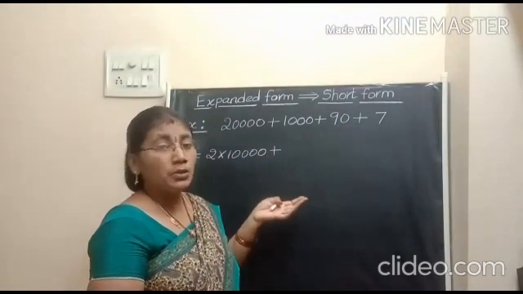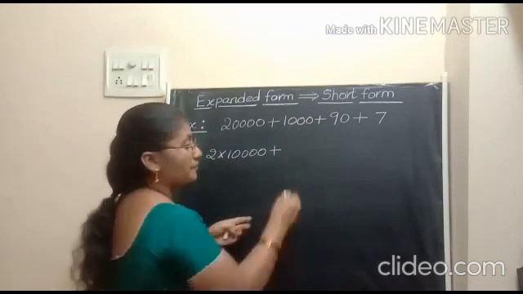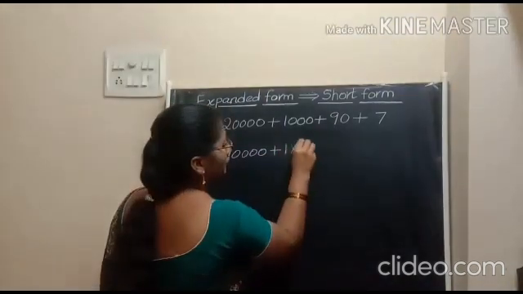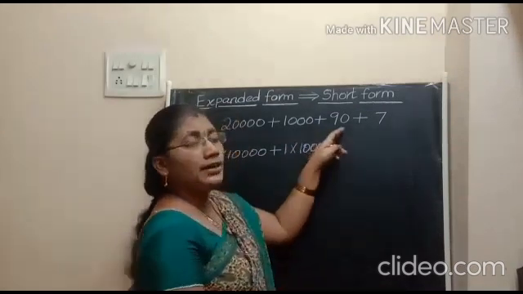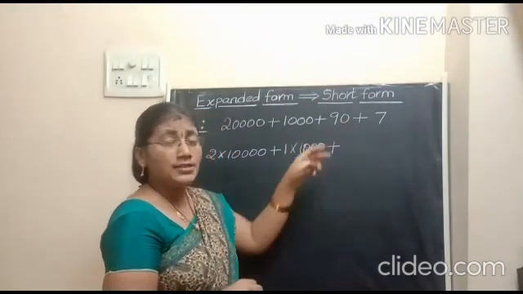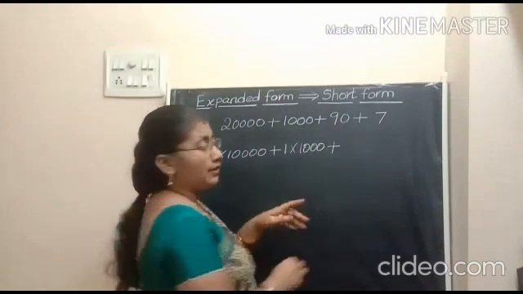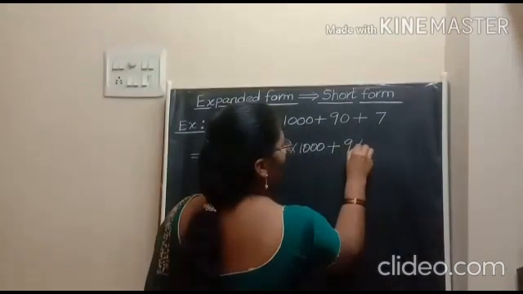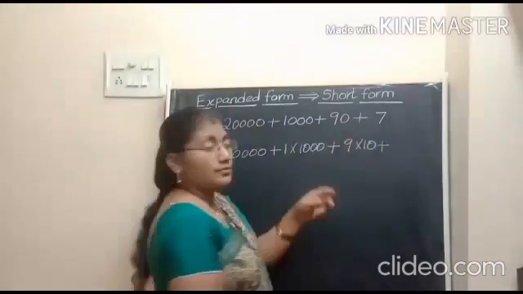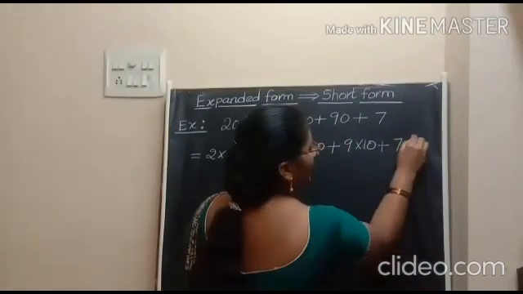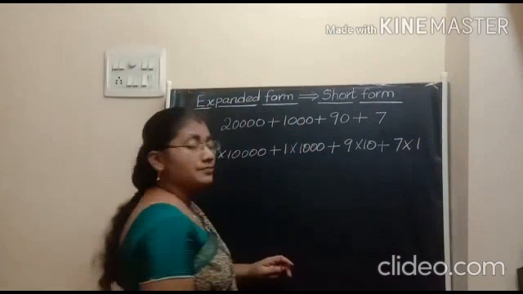By multiplying with 1, there is no change. Plus we can write 90 as 9 into 10, plus 7, which we can write as 7 into 1.